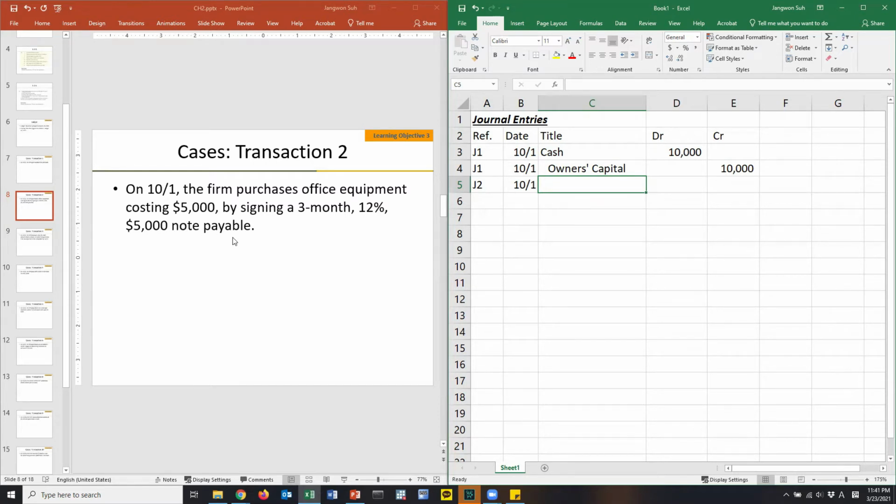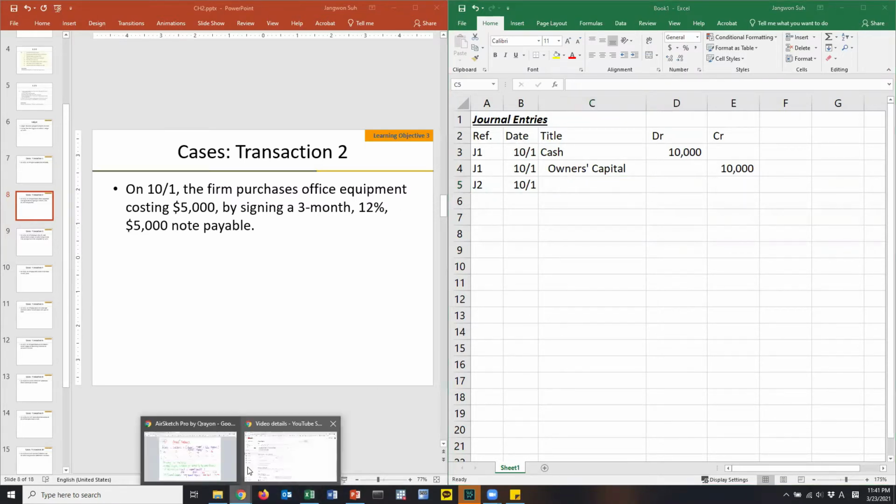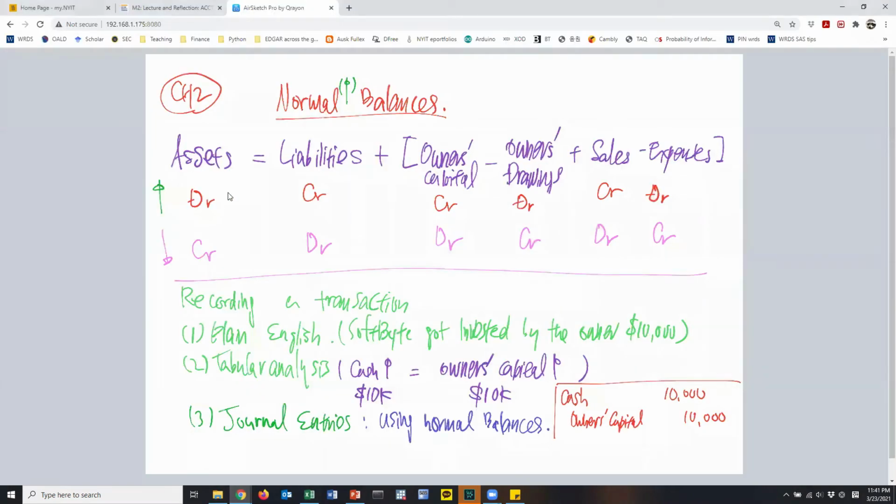What's notes payable? It's a liability item. What's equipment? It's an asset item. Equipment is increasing. Therefore, it should be what? It should be debited. Asset item is increasing, therefore it should be debited.